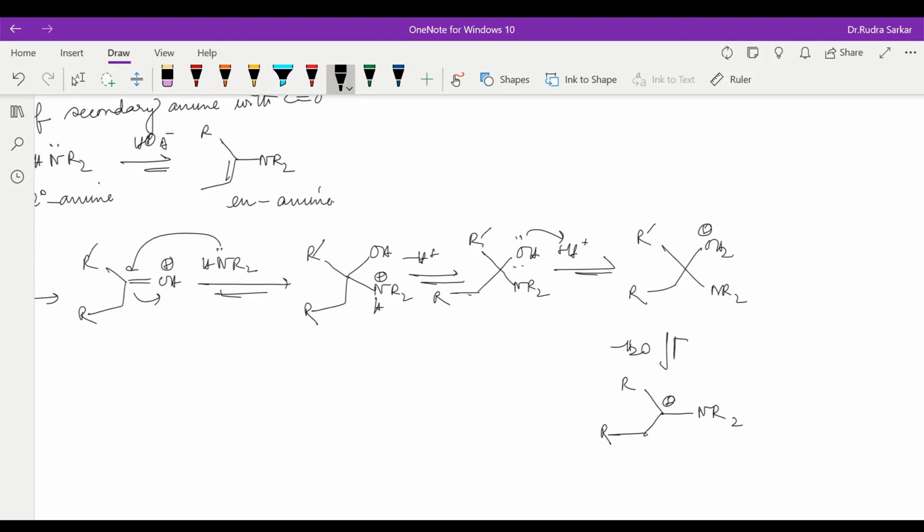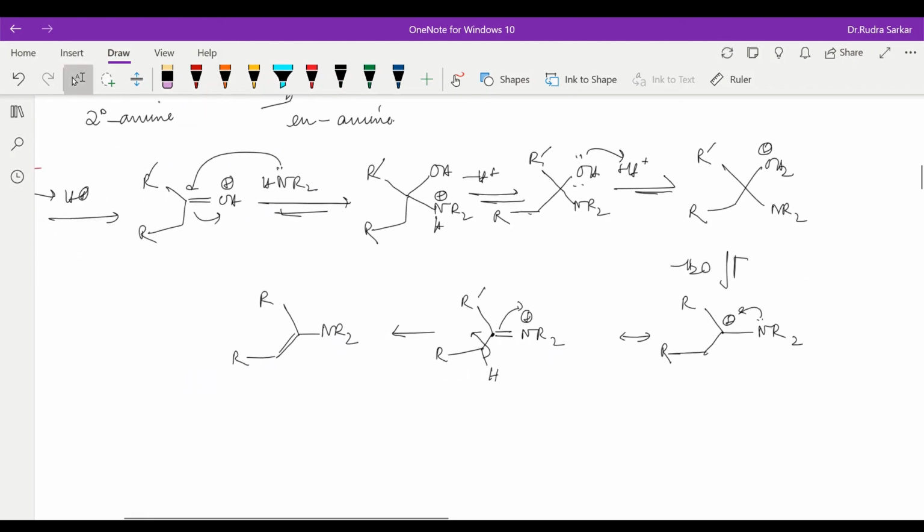Alright, which is again resonance stabilized by the nitrogen. Now next to this double bond, proton is lost from this carbon, leading to the formation of an ene, and that is how you get your enamine.